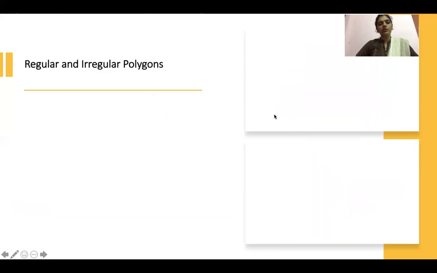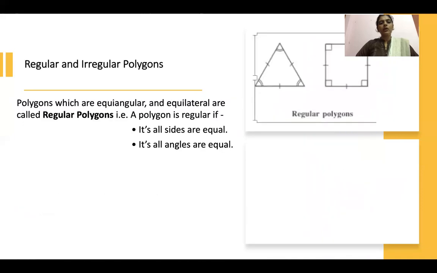Now let's come to the regular and irregular polygon. Polygons which are equiangular and equilateral are called regular polygon. So a polygon is regular if all the sides are equal and all the angles are equal. For example, in equilateral triangle we have 3 equal sides and 3 equal angles, so it is a regular polygon.